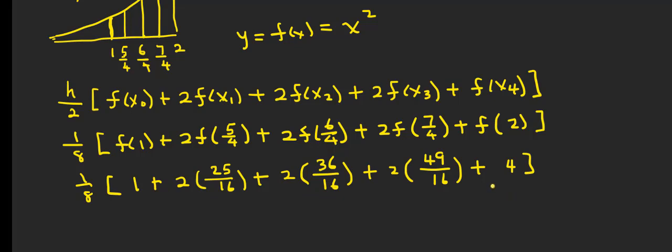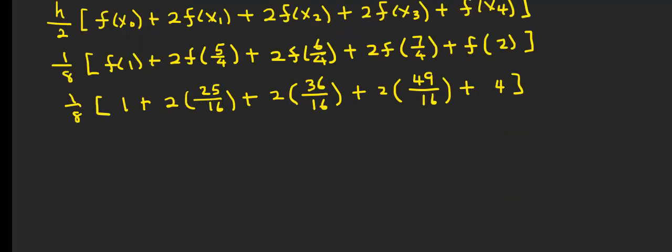And then when you simplify even further, you get 75 over 32, which is equal to 2.34375. So this is the approximation of the integral using the trapezoidal rule.